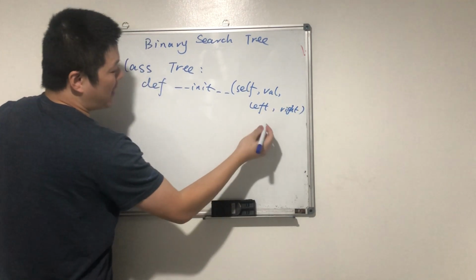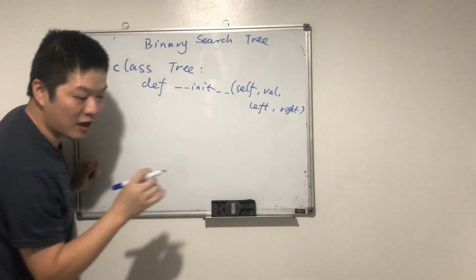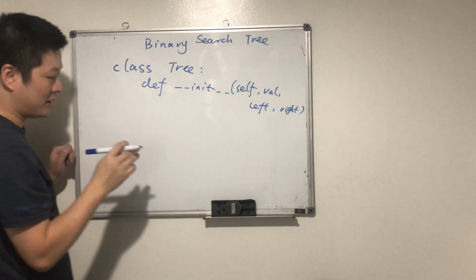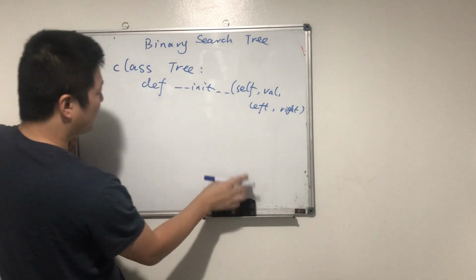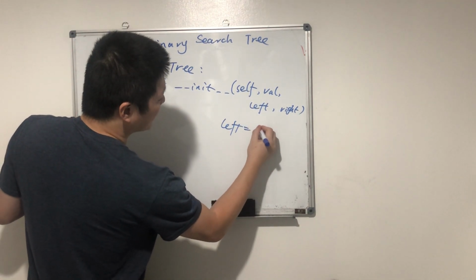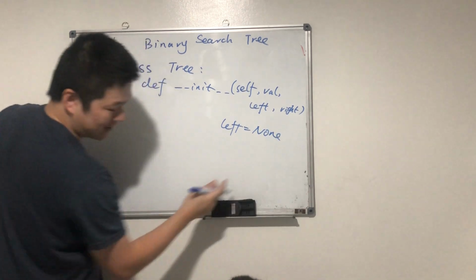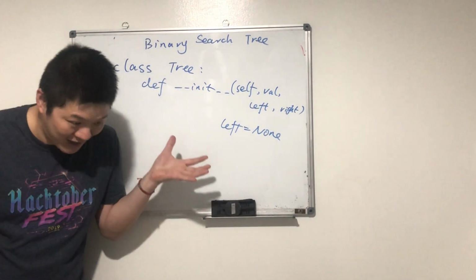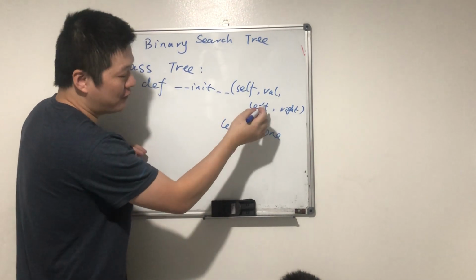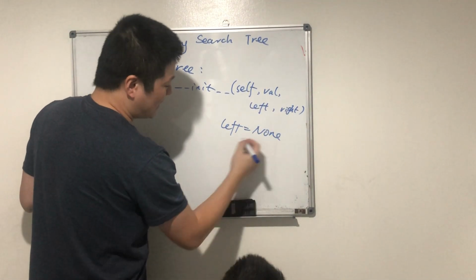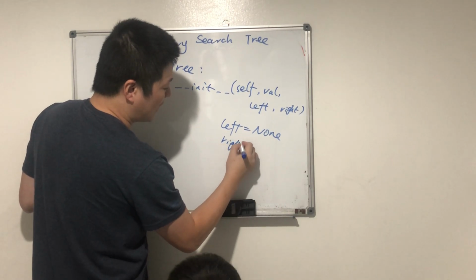If we don't specify left and right, we can give them default parameters. We can write left equals None. You know this None? None means nothing. If you don't specify a value for left or right, it will be initialized to nothing.